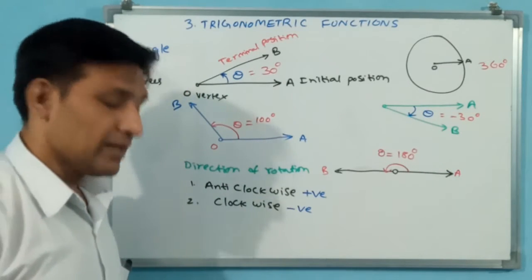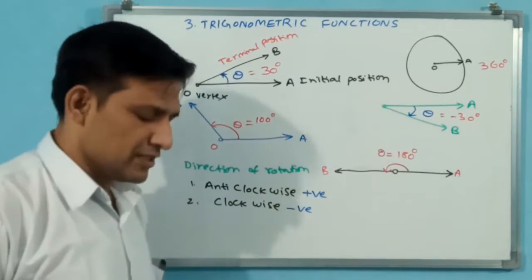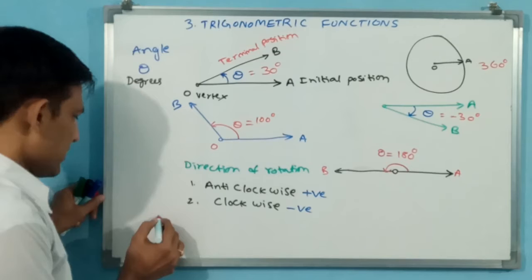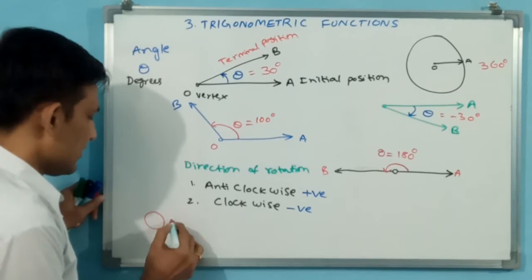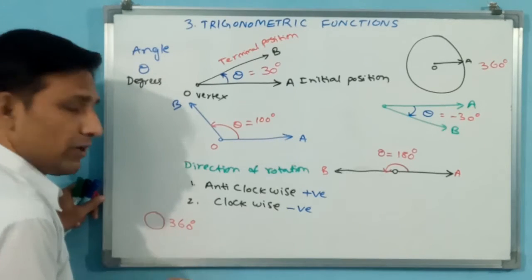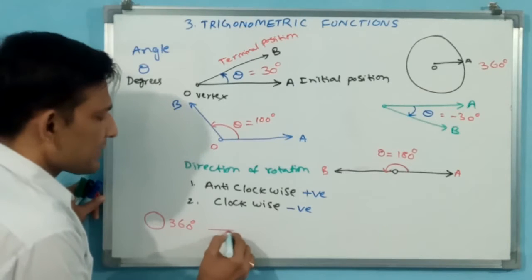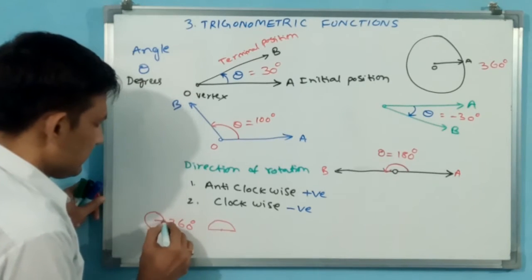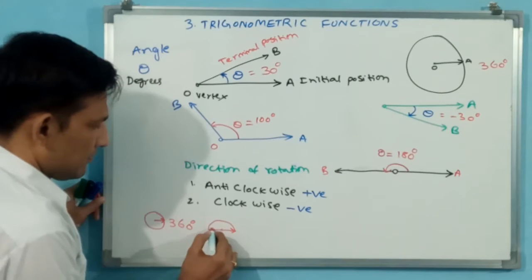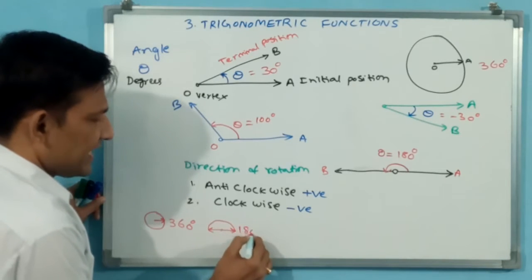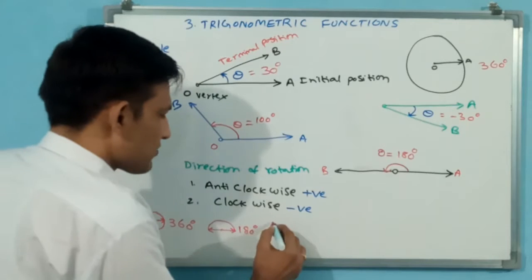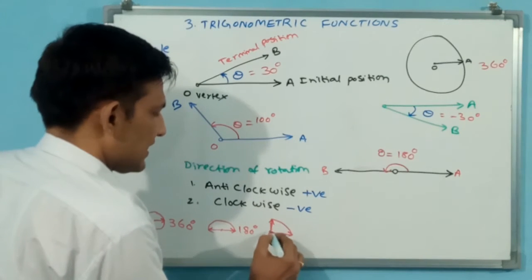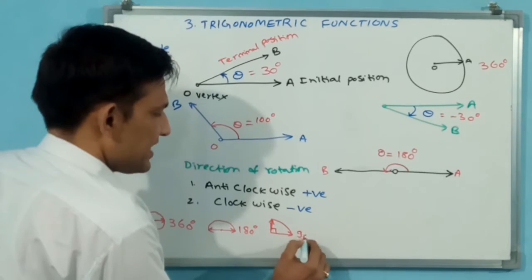Okay, that you have to keep in your mind. 360 degrees means a complete full circle. I am writing here again, you see, complete circle 360 degrees. Okay, rather than a complete circle, if I make a half circle, 180 degrees. Rather than a half circle, if I make a quarter circle, 90 degrees.